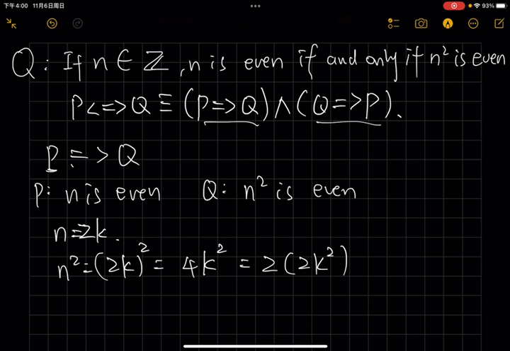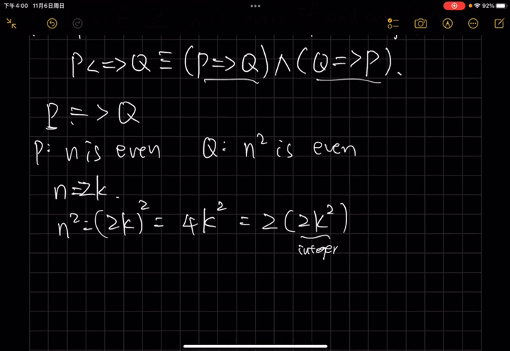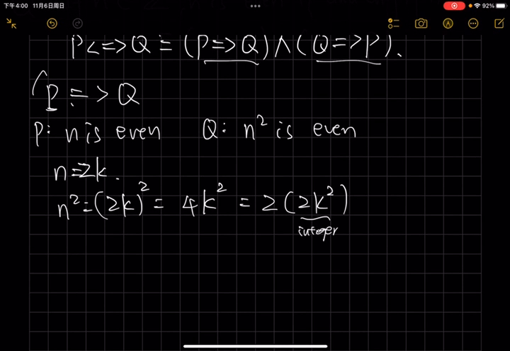We can make it like this, right? We know that integers are closed under multiplication, so the result is also an integer. So n squared is equal to 2 times an integer. That means n squared is an even integer, right? Yeah, we just proved it. So we proved this one.